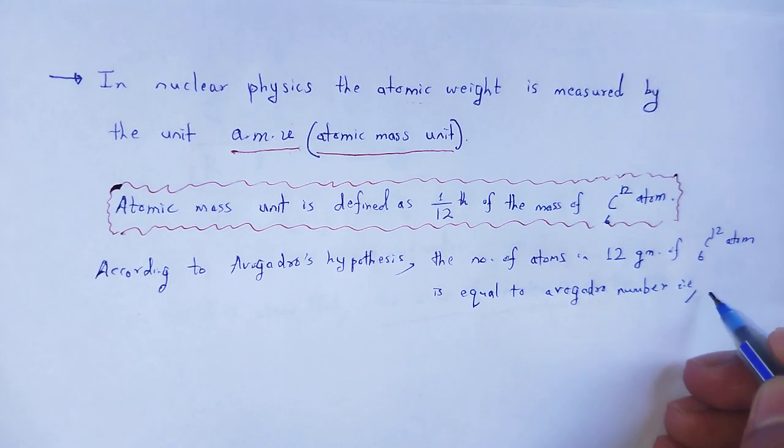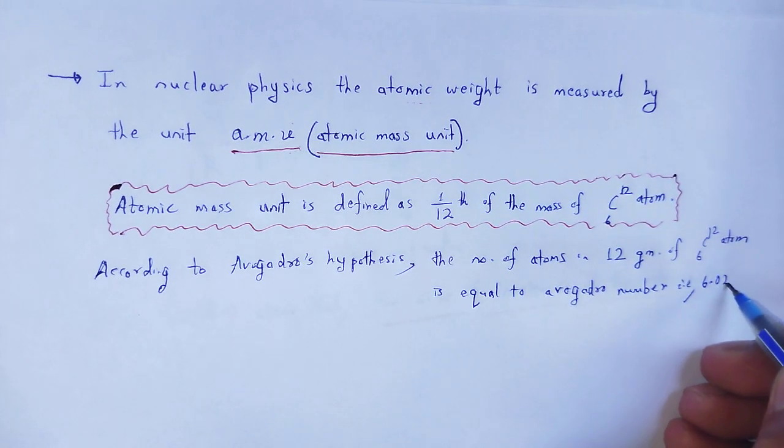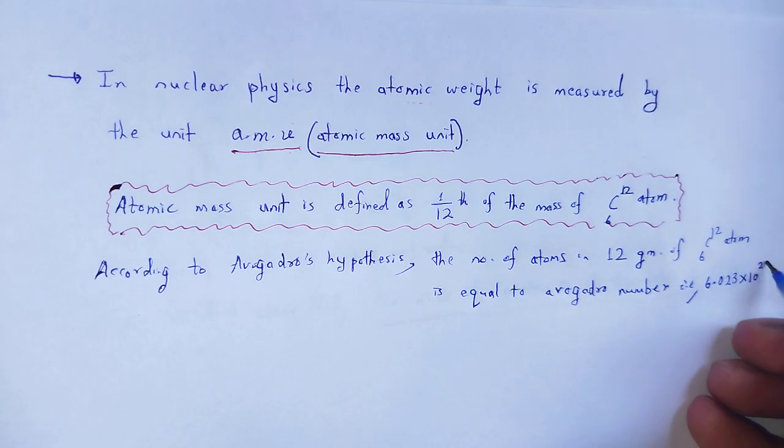That Avogadro's number is 6.023 into 10 to the power 23.